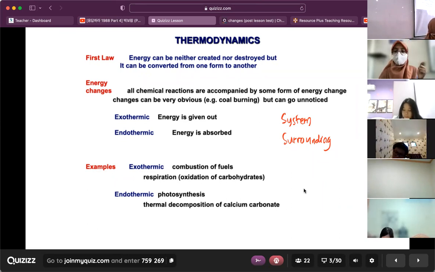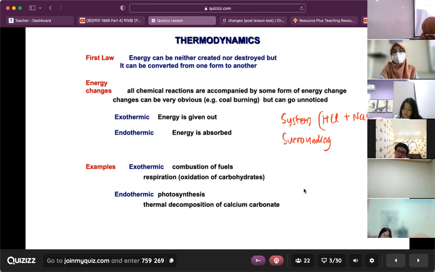What else? Thermometer. Thermometer is also the surrounding. So other than your chemicals, that must be the surrounding. So if we are mixing HCl and NaOH, HCl and NaOH is the system. The surrounding is other than HCl and NaOH. If you mix them using a stirring rod, that is also the surrounding.